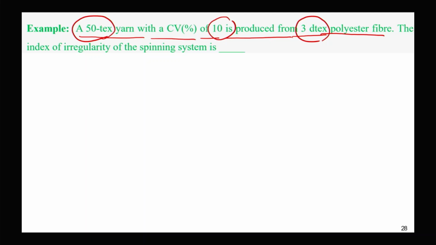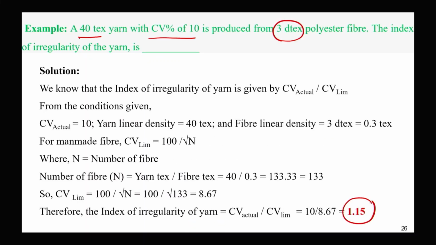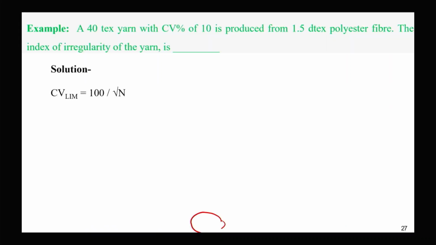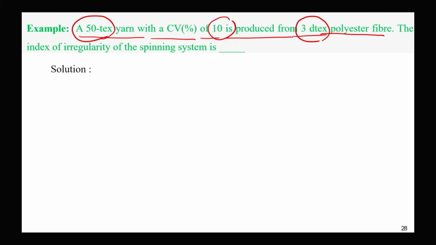That means the ring frame is performing inferior, and the performance will be poor. Earlier it was 1.15 for the same condition with 40 tex. Now let us see the comparison.